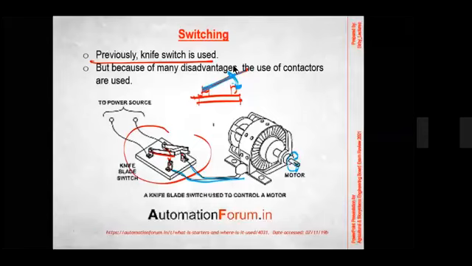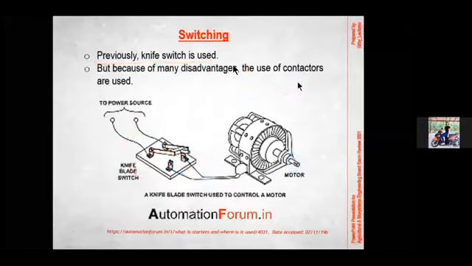Okay, there's a spark. So if there's a spark, then of course the safety of the operator will also be affected. And also, as you open and close the circuit through this knife switch, then of course there's going to be a damage on the terminals because of that spark.